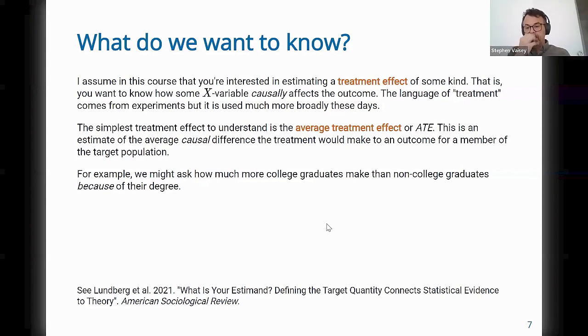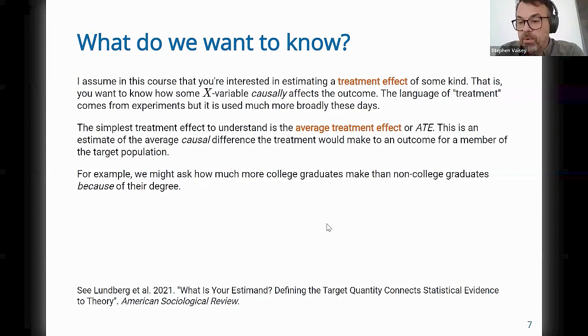Okay. But let's say you want to know, well, how much is the average difference because of the college degree? Meaning, if we could randomly assign it, like let's say at age 22, this is a little harder thought experiment to do because the treatment takes 4 years to get. But let's say at age 18, we took all the people who were about to get a college degree and we assigned them somehow not to get one.